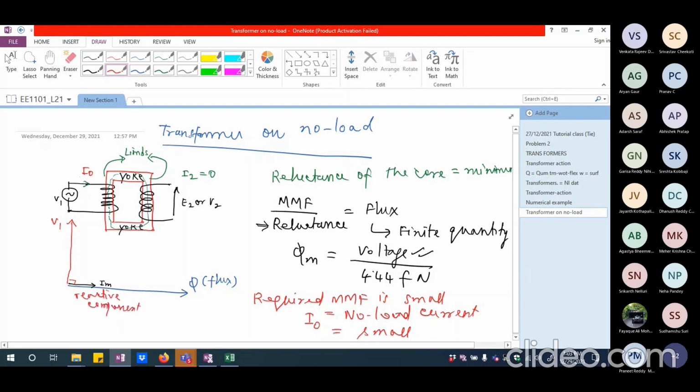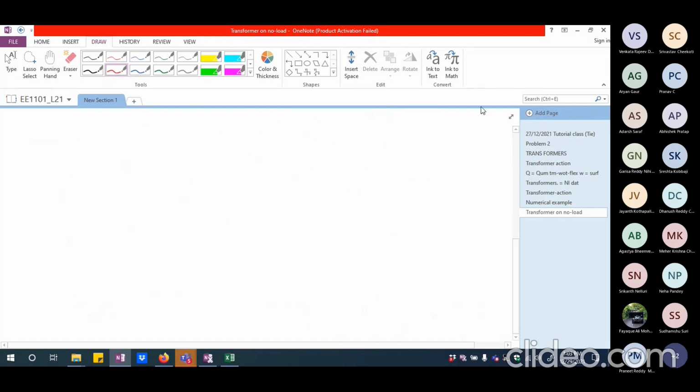But after all, I'm establishing this flux in the core. The core is made up of ferromagnetic material, because of which it will have the property of hysteresis. So if I look at the B versus H relationship this core will have, it will essentially have a relationship like what we studied in the magnetic circuit.